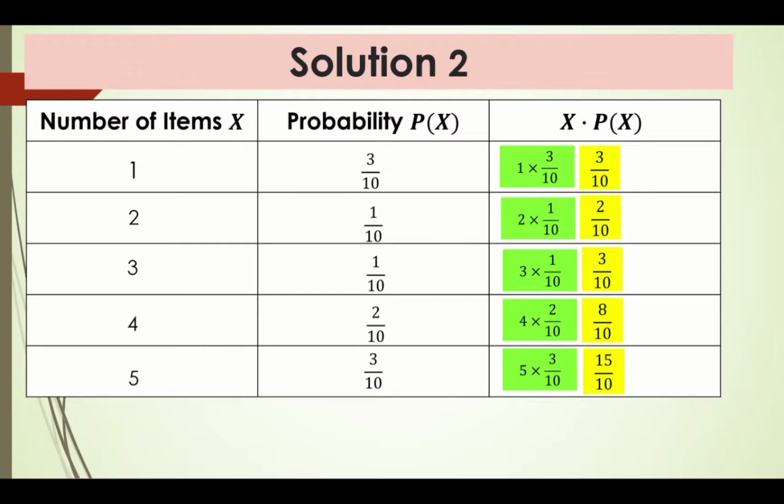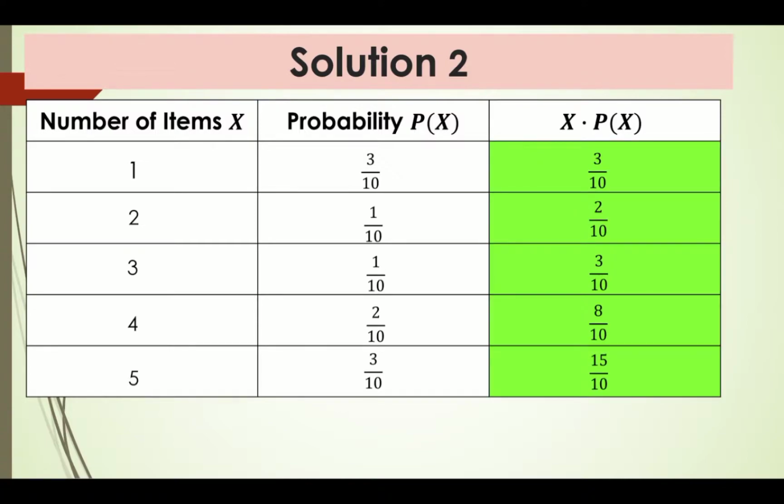So, that is the process of getting the answer in the third column. Then, we write the answer in the third column. To get the summation of x times p of x, we need to add the answers in the third column.